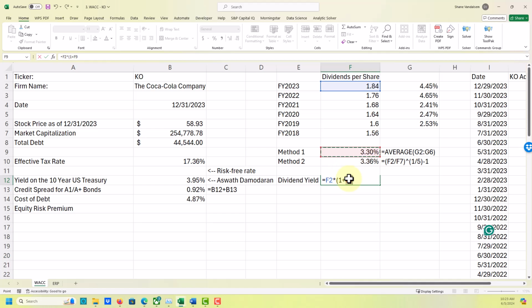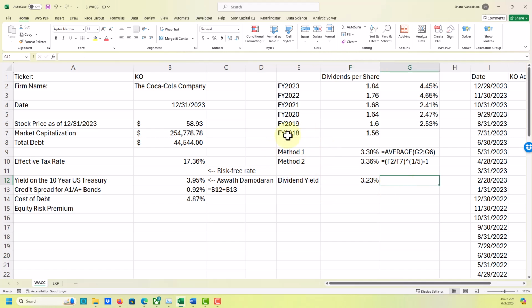That's what we're going to use here. And then I'm going to divide that by the price of the stock as of 12/31/2023, and we get a dividend yield here of 3.23%.